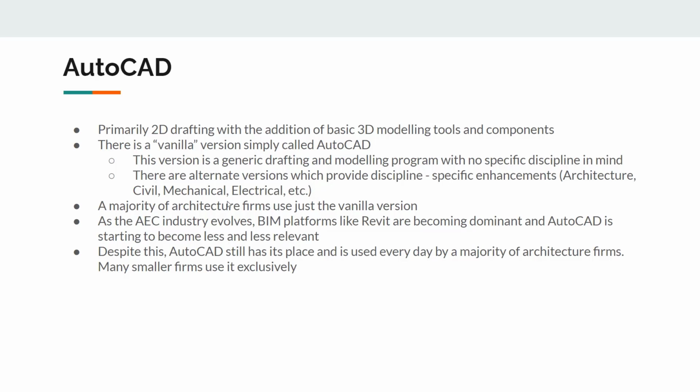And the reason that we use the base version is because that's what pretty much all architecture firms or interior design firms use. The reason for this is because of the features that are included within the architecture specific version of AutoCAD. When you start using those, you might as well go to a tool like Revit, which is a lot better.